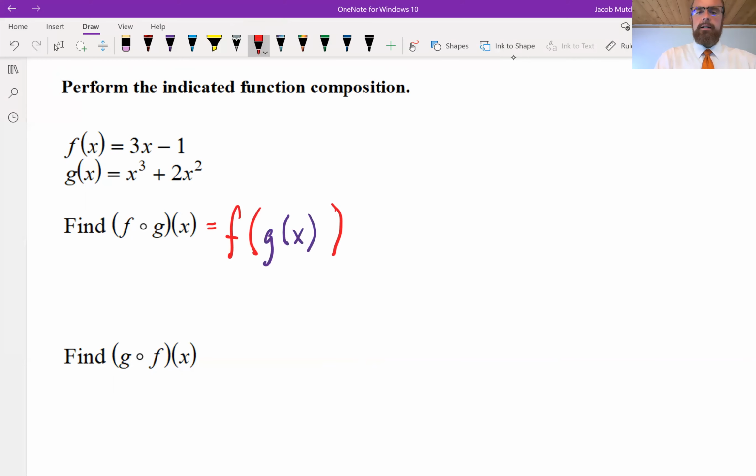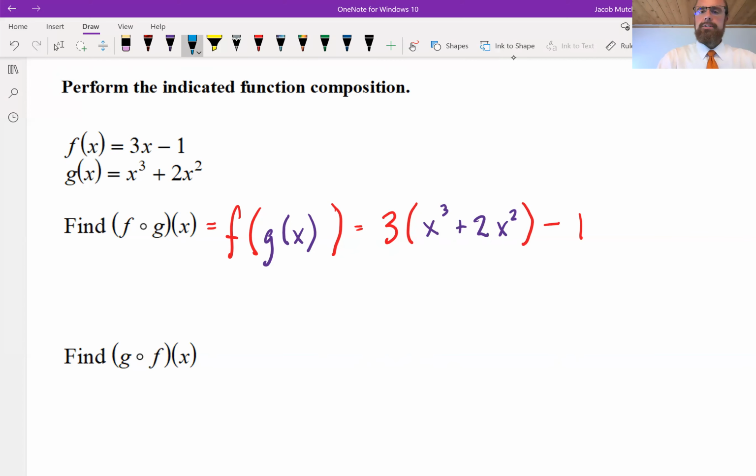And then let's make the composition. So now I'm going to take the f function and leave a space for the g function, and then subtract 1. I'm now going to substitute in g of x where I had the variable x in the original f of x.